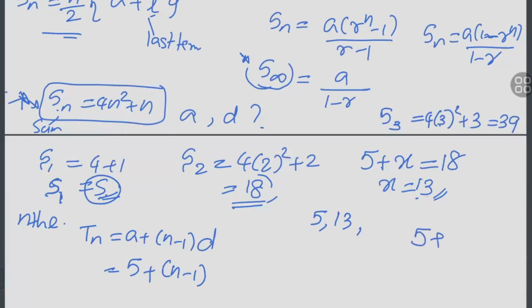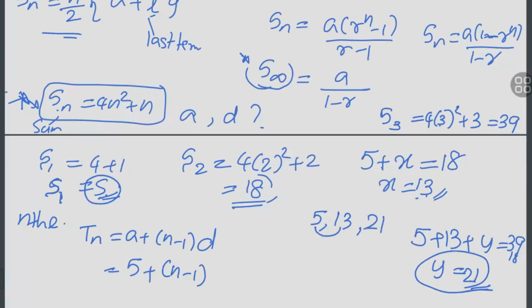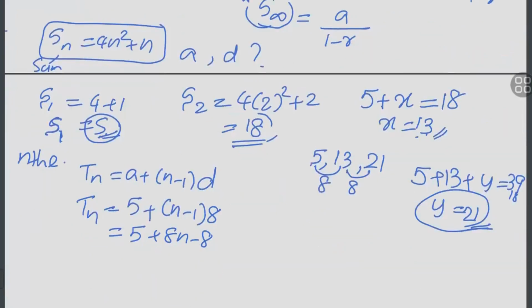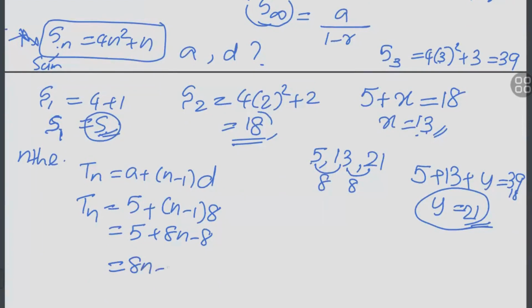First term plus second term plus third term total is 39. Right? Then y equals 21. Right? So that means the third term is 21. Then you can check: this is 8, this is 8. Then the common difference is 8. Then Tn you can get: 5 plus 8n minus 8. Right? 8n minus 3. Okay?